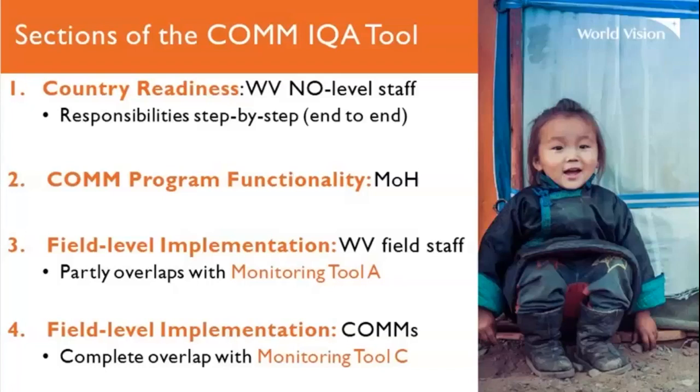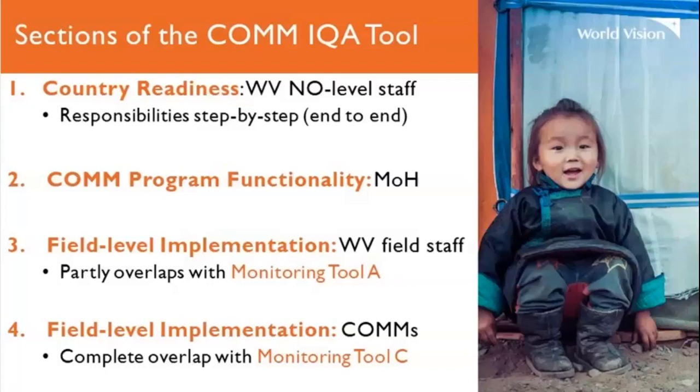And I think if we think about our 4 core health project models, this is especially important for TTC and COMM, because in both of those cases, we're generally working with Ministry of Health structures. So in the case of TTC, we're very often working with Ministry of Health community health worker cadres, right?